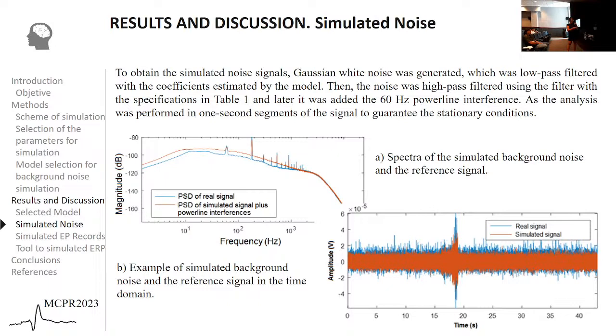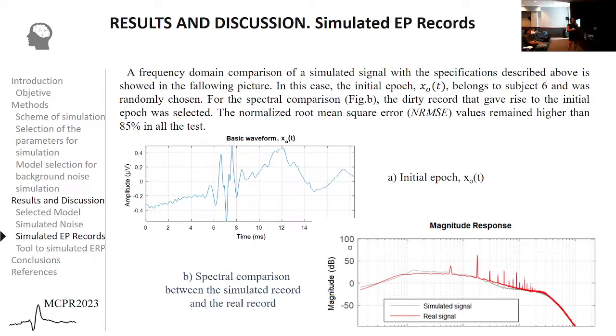The second figure is the comparison in the time domain. A frequency domain comparison of the simulated signal with the specification described above is shown in the following figures. In all cases, the normalized root mean square value remains higher than 85%.